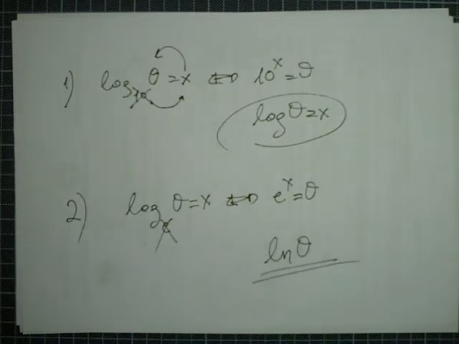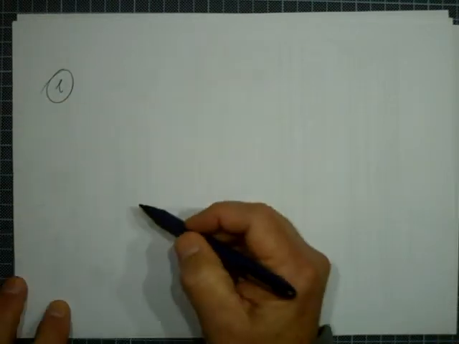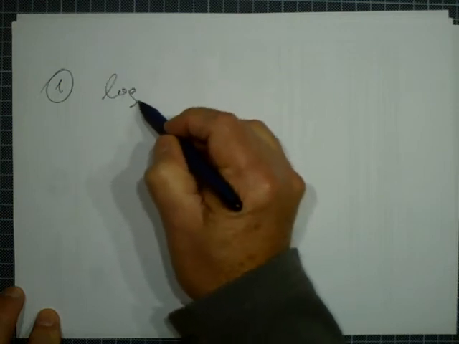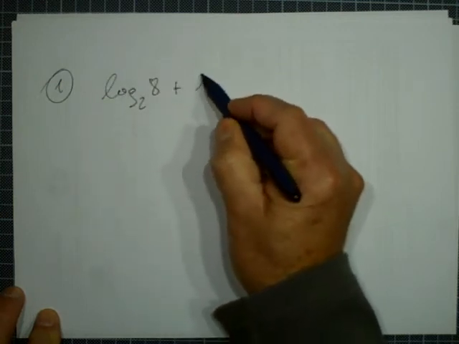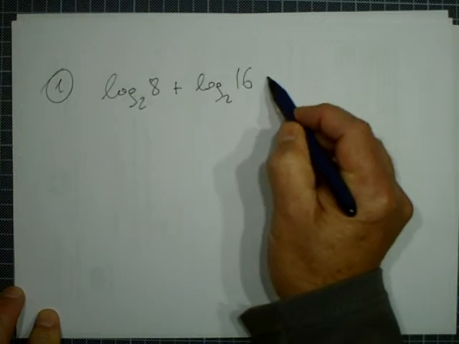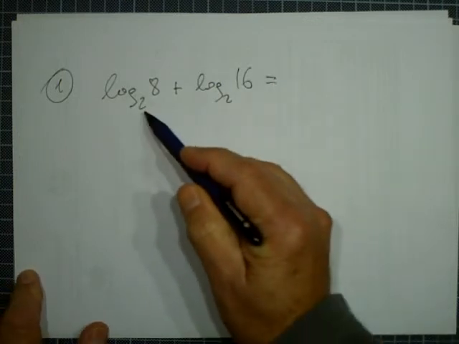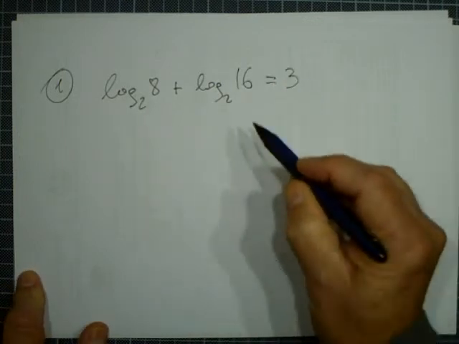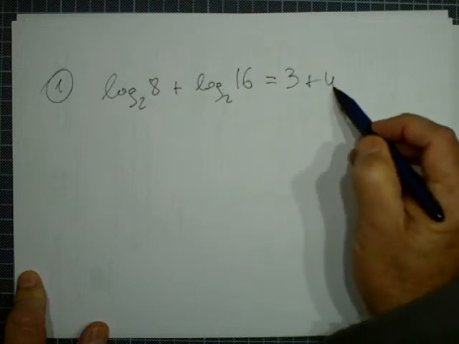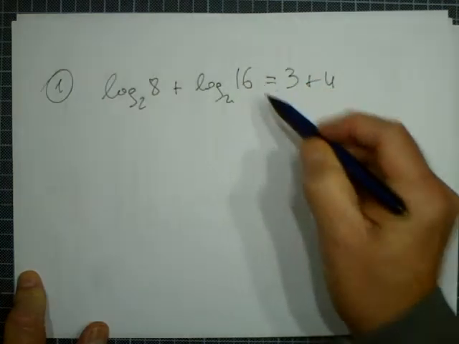Now let's get to laws of logarithms. Okay, I'm going to present the laws of logarithms using examples. First law. Now, log 2 of 8 plus log 2 of 16. This we saw earlier is 3, and this is 4, as 2 to the power of 4 gives 16.